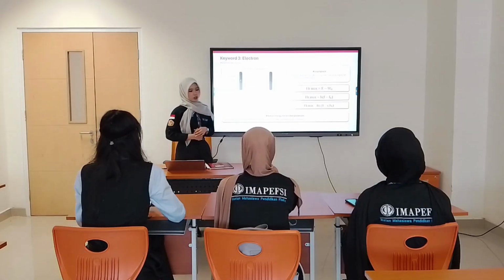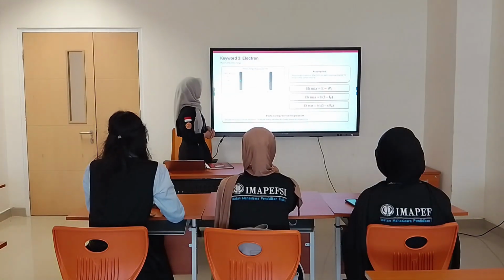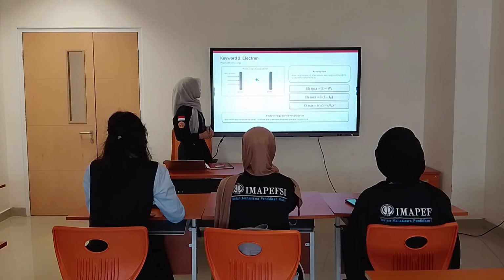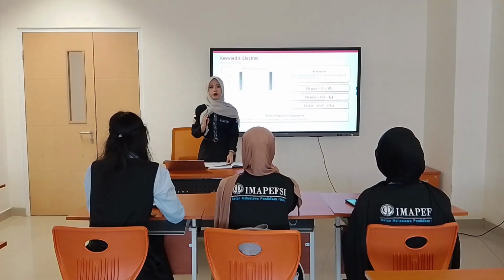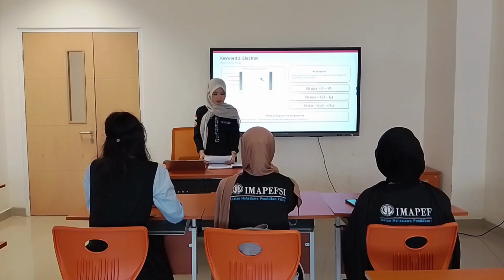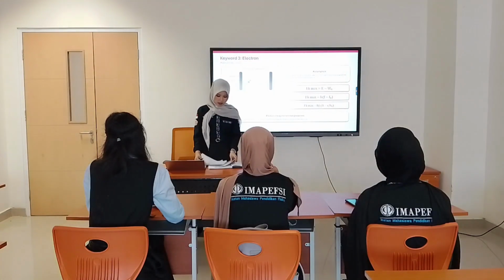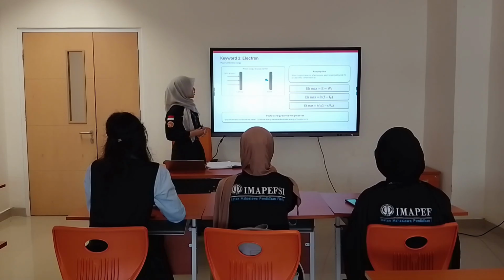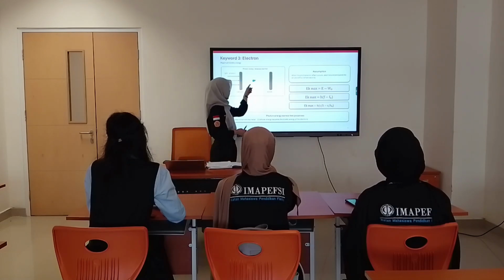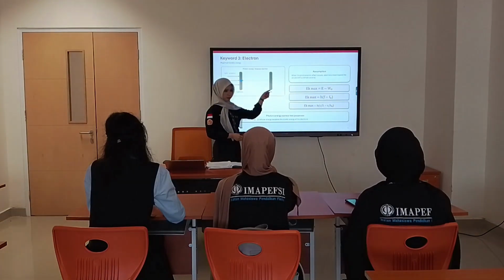Now let's move on to the last keyword, which is electron. Now we assume that the photoelectric effect already happens. When it happens, it means the electron moves to the anode.